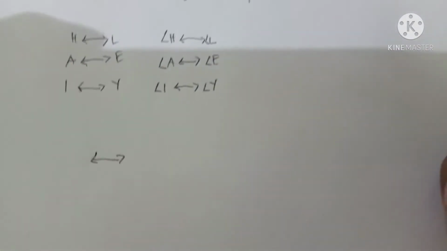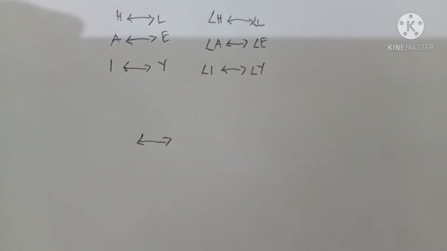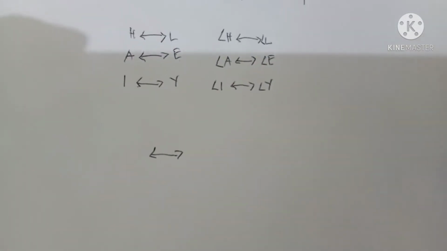So this symbol that denotes correspondence, and it is read as corresponds to. So notice that the matching parts of the triangles here, okay, fit exactly. So the matching parts are equal in measure.